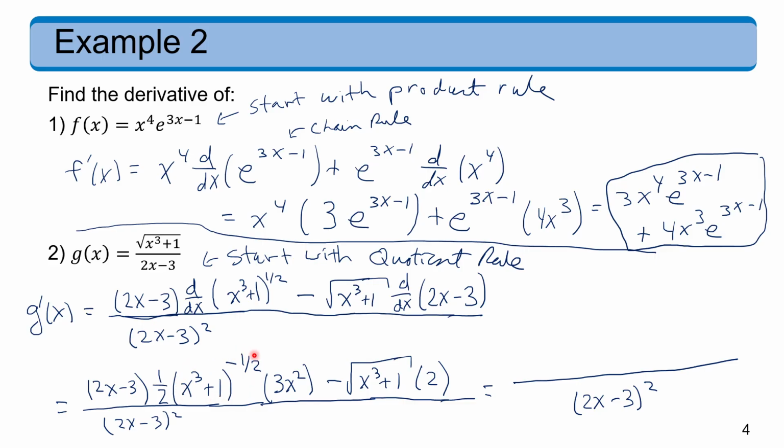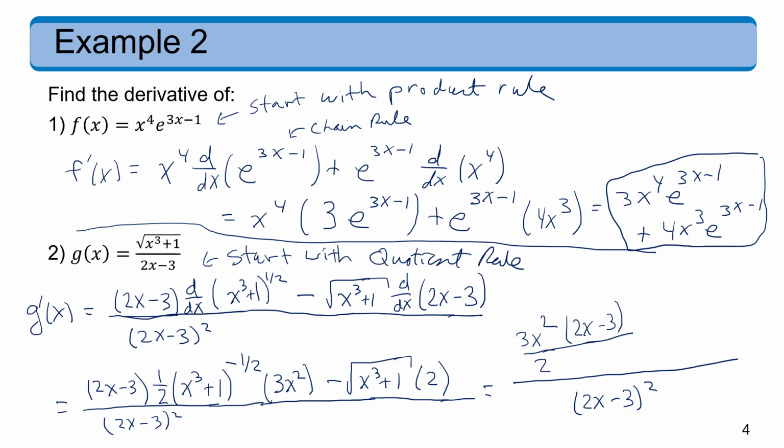Now that has a negative exponent, so you could put it in the denominator, but we can't move it down here because there's another factor over here that would affect that. So one option is to make a new fraction in the numerator. So we have our 3x squared over 2. We also have that factor 2x minus 3.